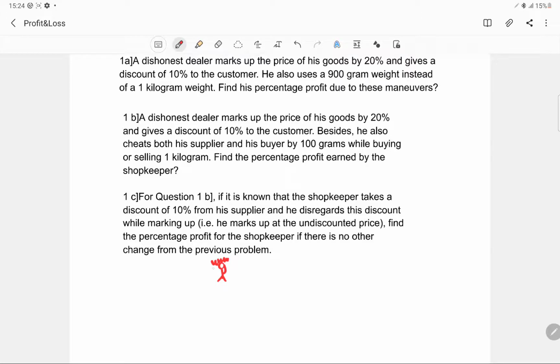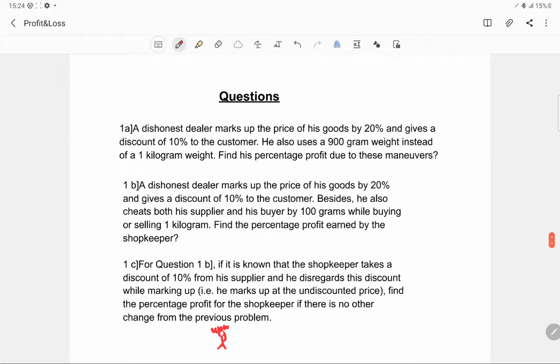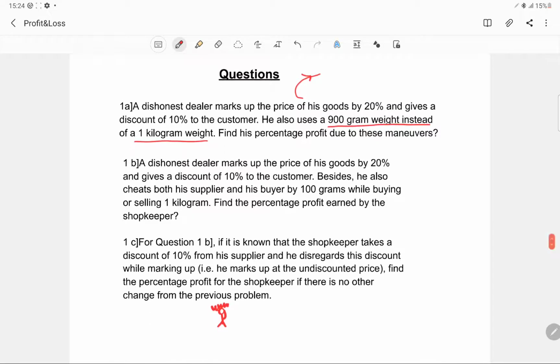Find his percentage profit due to these maneuvers. So basically he is cheating in terms of the quantity, as well as marking up the price of his goods and giving a discount. Find the profit percentage. It is not mentioned here, but he is selling it over the cost price. I bought it for X and I am selling it for X.